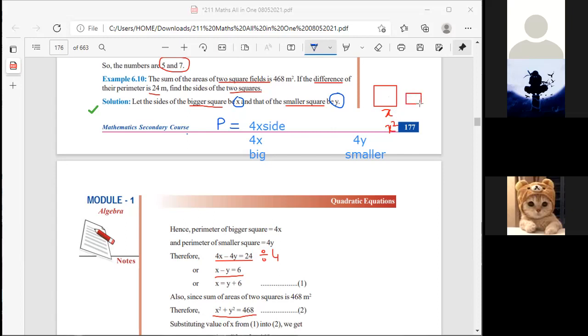And if I call the side of the smaller square to be y, then what is the area of that square going to be? The smaller square. y square. Yes, ma'am. So I get x square plus y square as 468. Yes or no? Have you understood till here? Yes, ma'am.